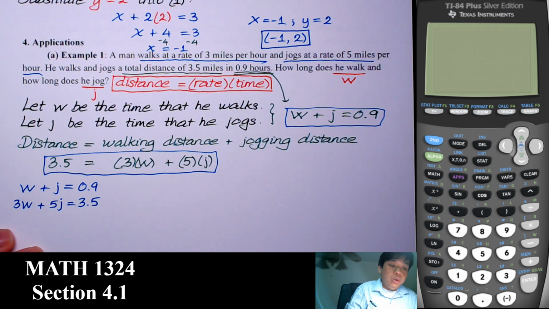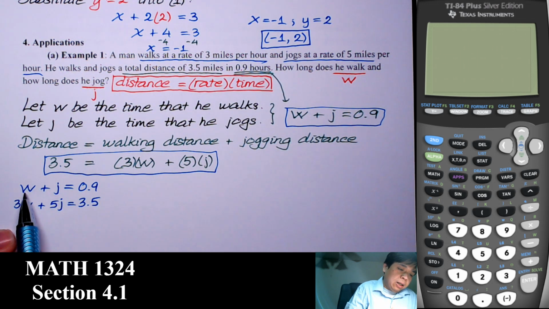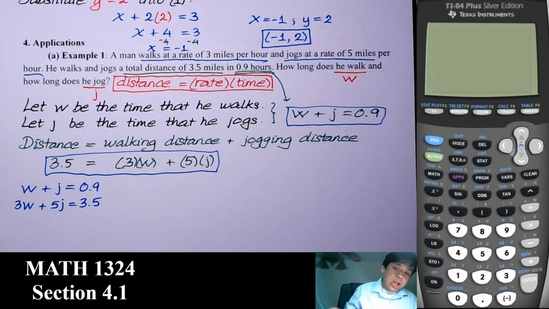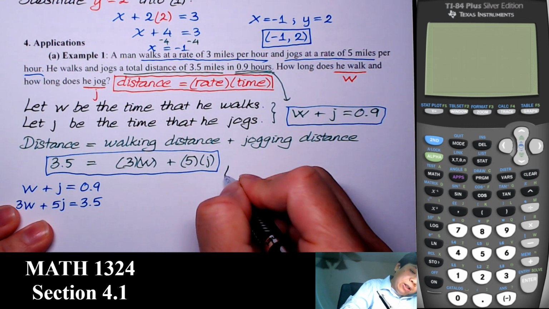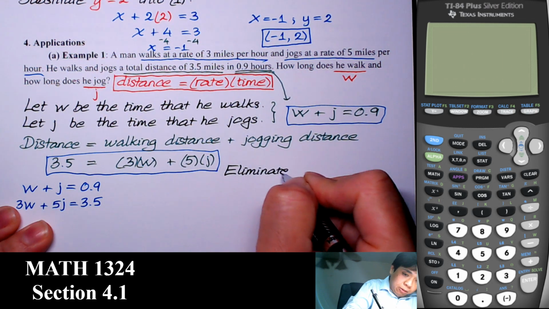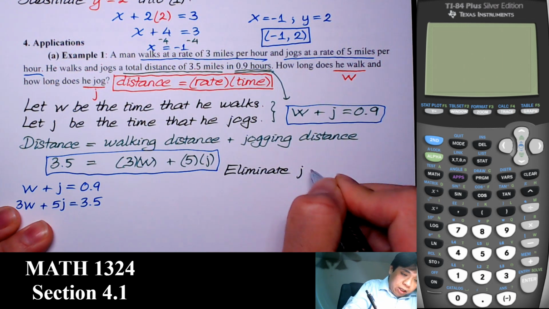So let's use elimination. We have coefficients 1 and 1 here, so we can eliminate either one of them. I'll try to eliminate J.